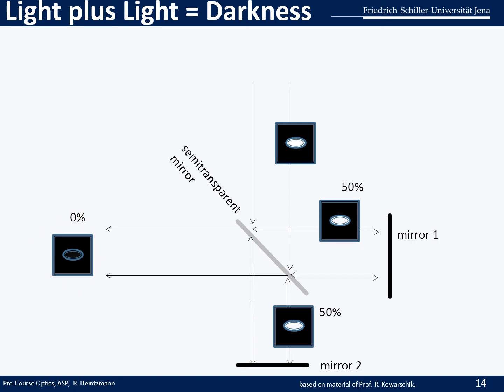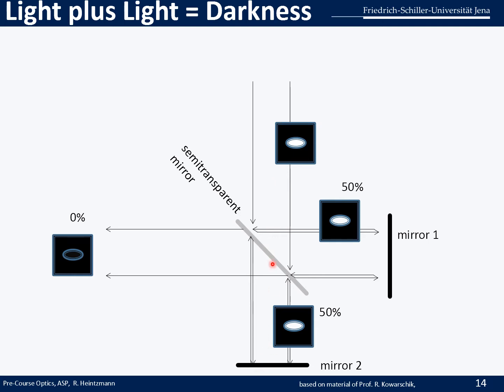You might wonder what happens to the energy. Of course we cannot violate the law of conservation of energy. So of course there's a second output that actually returns towards the light source. So you see here there's not only transmitted light with this semi-reflecting mirror, but also reflected light.